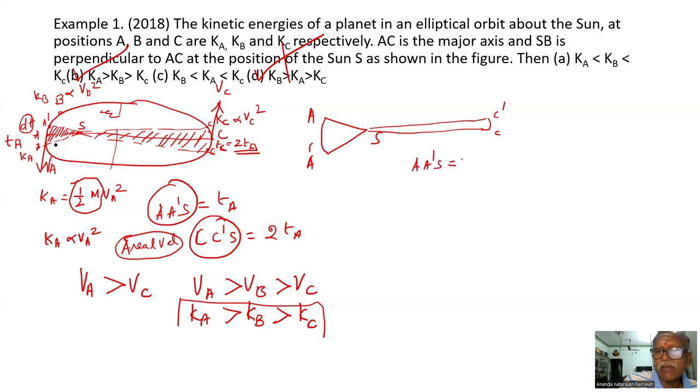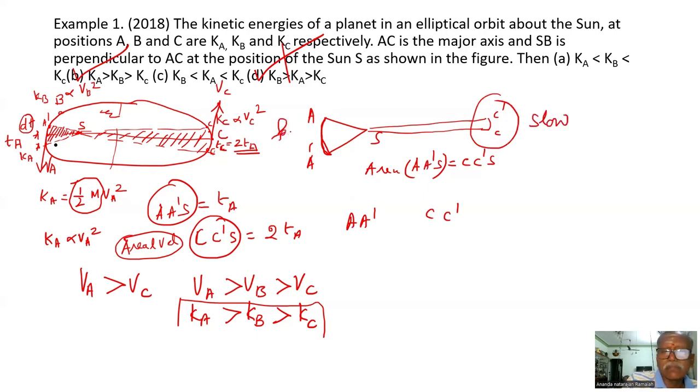A dash S is equal to C dash S. Area covered is equal, therefore the time taken to travel A dash equals the time taken to travel C dash. In the same time it travels only a small distance here. That's why here slow, here fast. That's why Va is higher. That's why the kinetic energy at this point is higher. That's all.